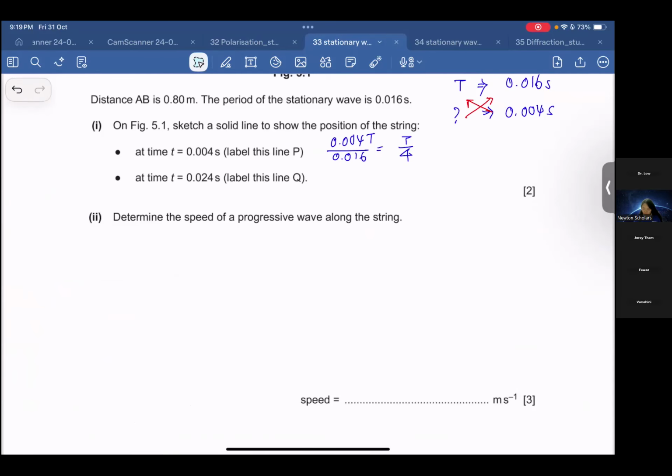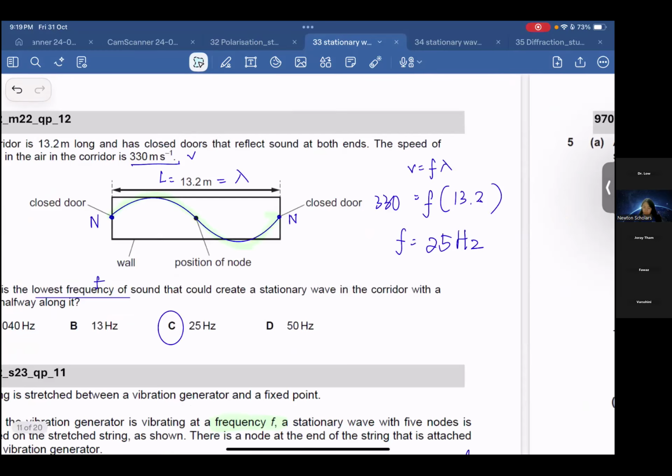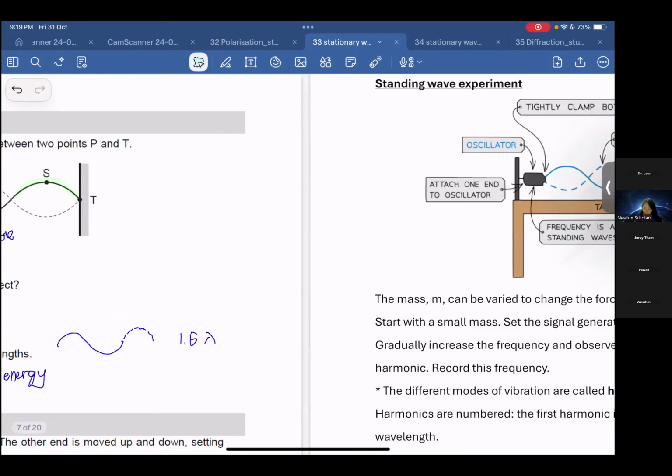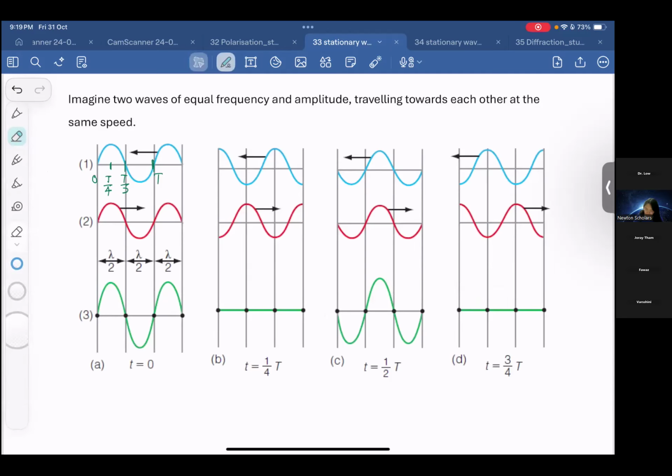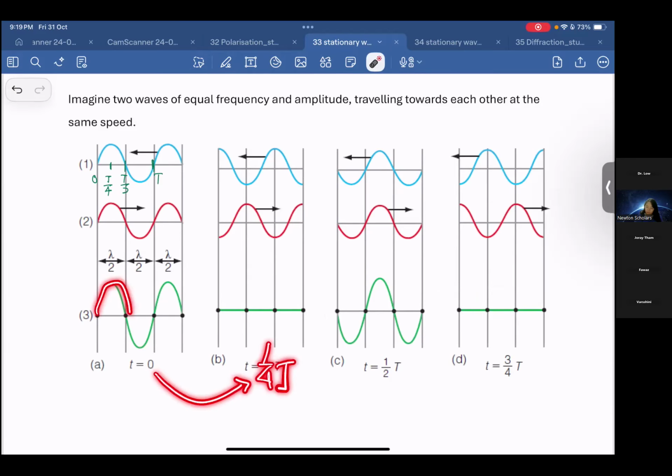Okay. Then, boys and girls, I just explain on the diagram here. Can you see that here? After 1/4 T, if you are at maximum, at the end you will get a straight line. If you are here, also at another maximum amplitude, next 1/4 T, you also get a horizontal line.